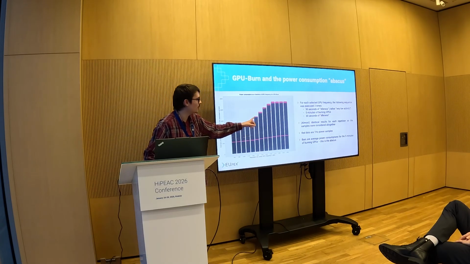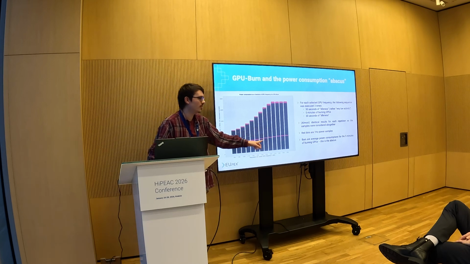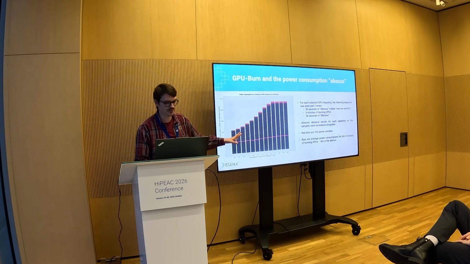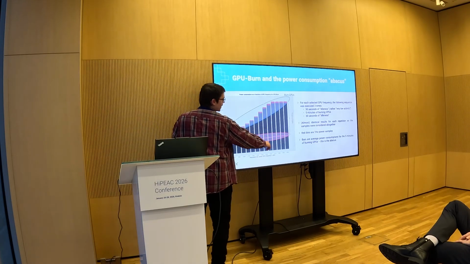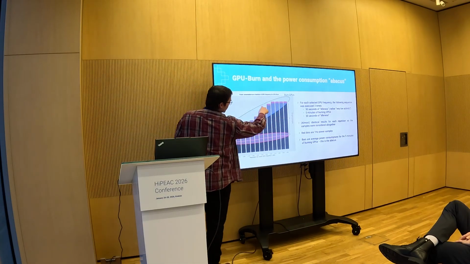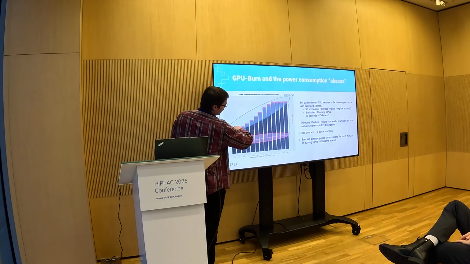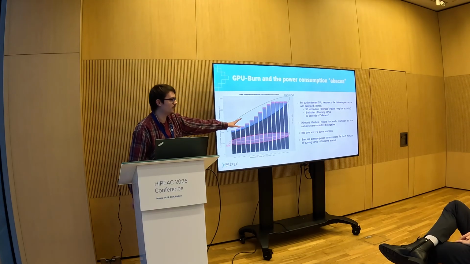All the red dots are the power samples. So each point is one power sample during the execution of the whole sequence. And so you have the idleness here, all the samples taken during the 2 times 30 seconds, and here at the top on the bar, you have the power samples during the execution of GPU burn.